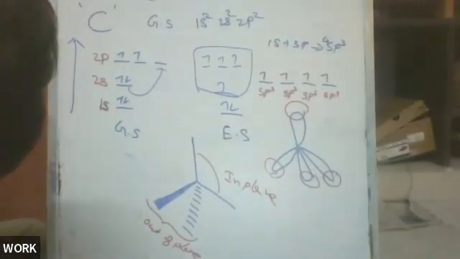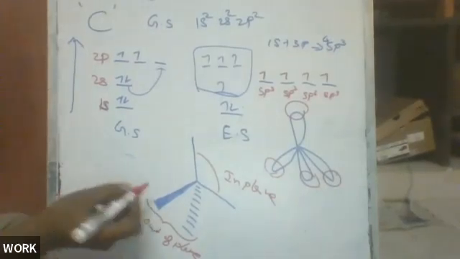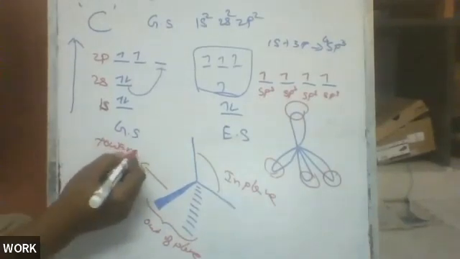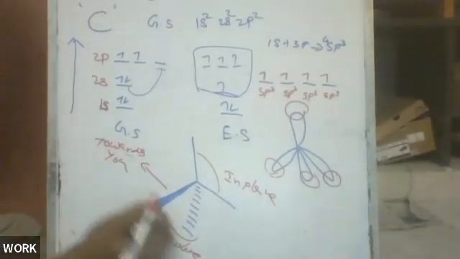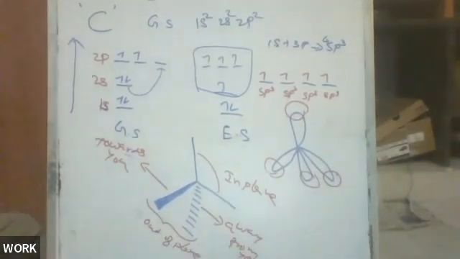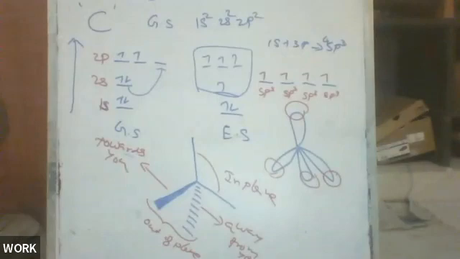Could you see what I'm writing? This will be towards you. This will be away from you. In organic compounds we are mostly going to see this type of bonding, because in the tetrahedral shape two bonds are in the same plane, one will be far away from you, and one will be towards you.